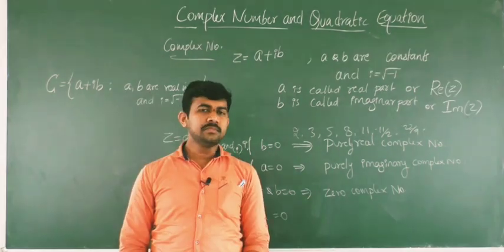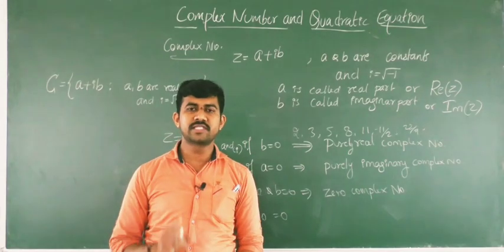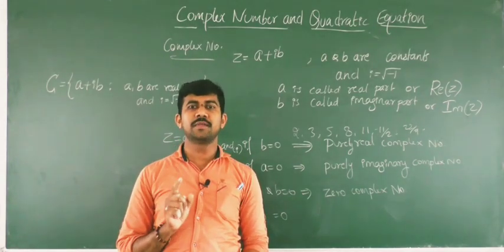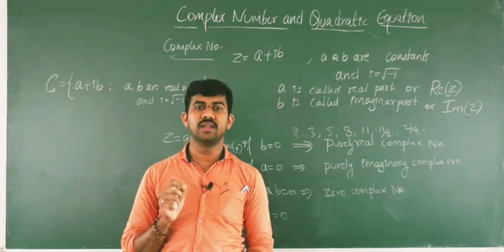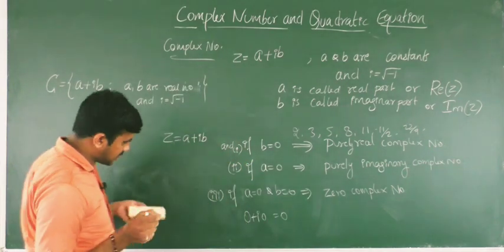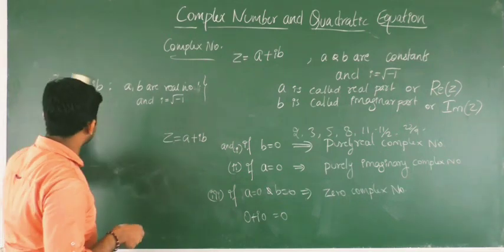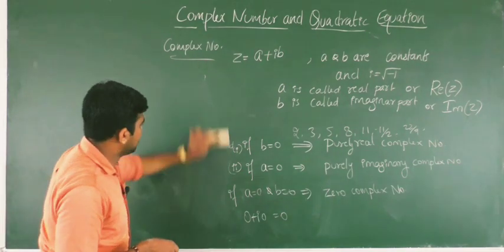Now we'll see the equality of two complex numbers, when two complex numbers are said to be equal.